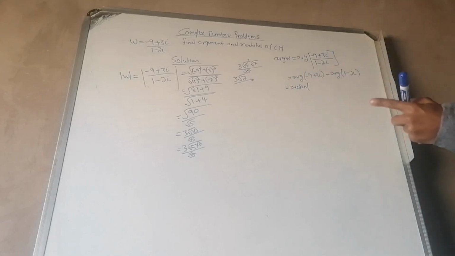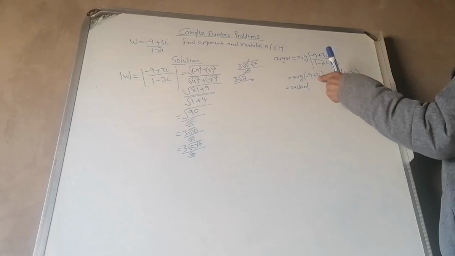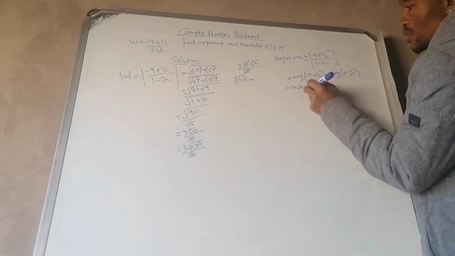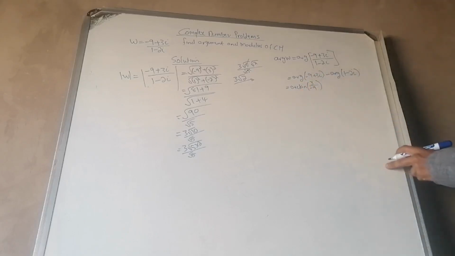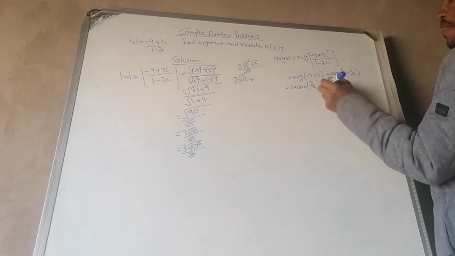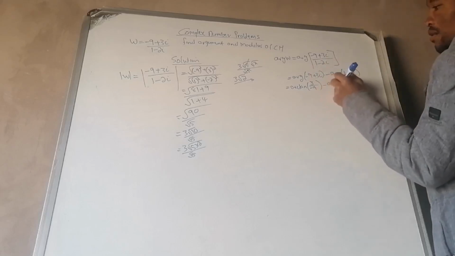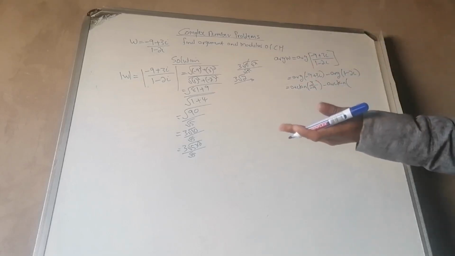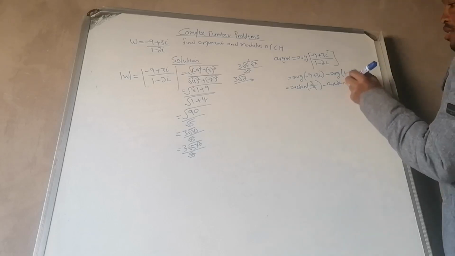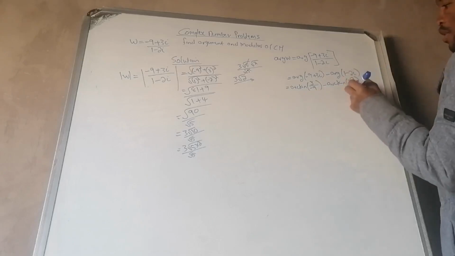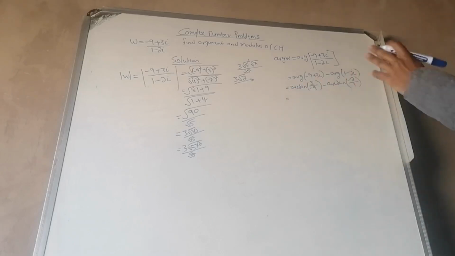And remember, tan is the opposite, the imaginary part, over the adjacent, the real part. Please be very, very careful. This is positive and this is negative. Minus arctan of the imaginary part, that will be minus 2, divided by the real part, that would be 1. And let's see the values that we can produce with this.